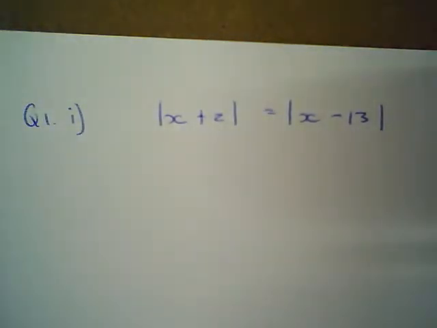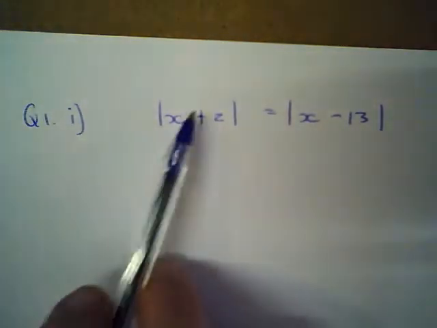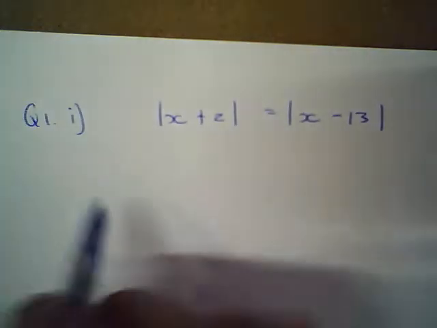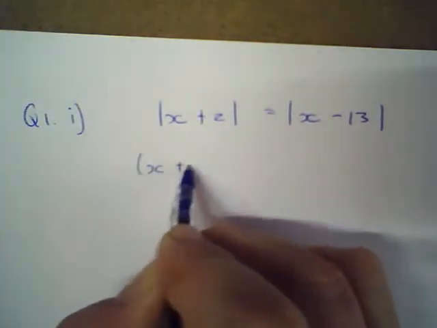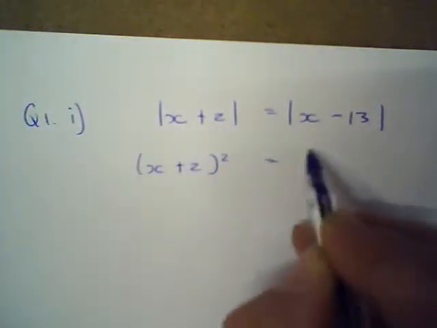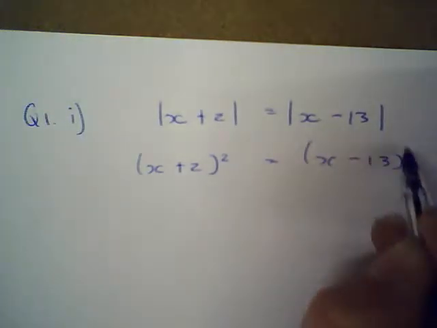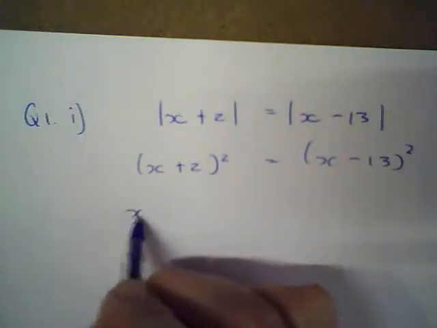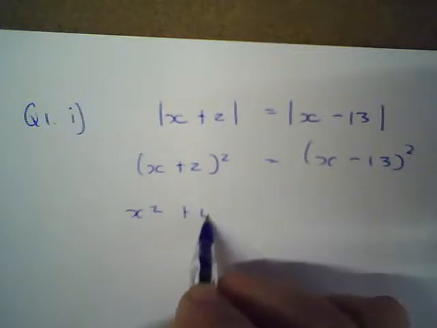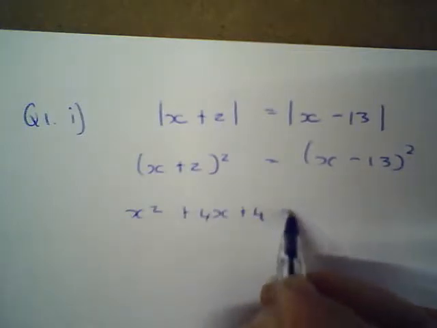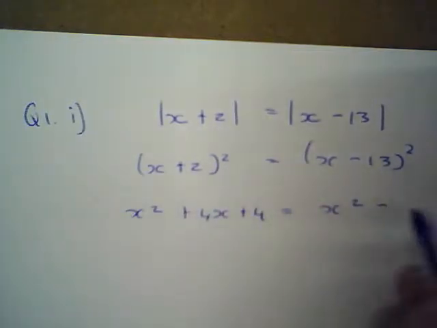Well, we know that we can square both sides. That would give me (x plus 2) squared equals (x minus 13) squared. So x squared plus 4x plus 4 equals x squared minus 26x plus 169.